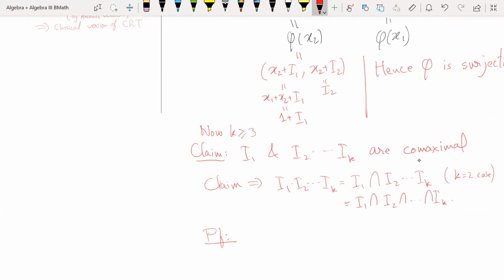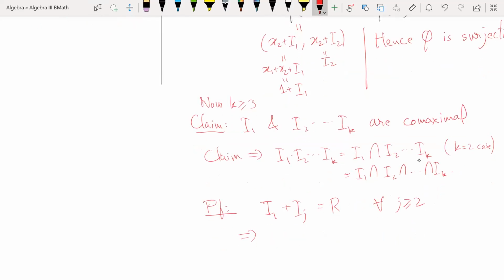We want to show that these two are co-maximal, and we know that I1 and I2, and I1 and I3, etc. are co-maximal. So we'll use that. I1 plus Ij is R for all j greater than or equal to 2. So we can choose an element in I1, call it xj, and an element in Ij, which is yj, such that xj plus yj equals 1.